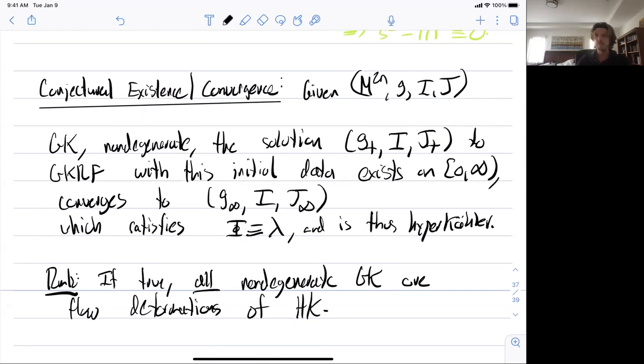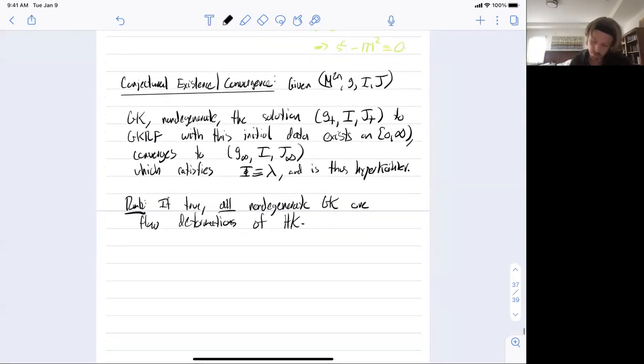In other words, the example we gave at the start would be the only way to construct them. And I do think this probably is true.